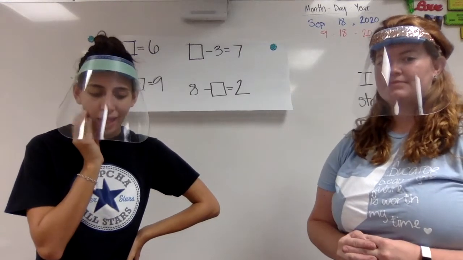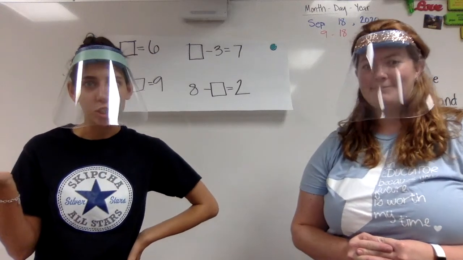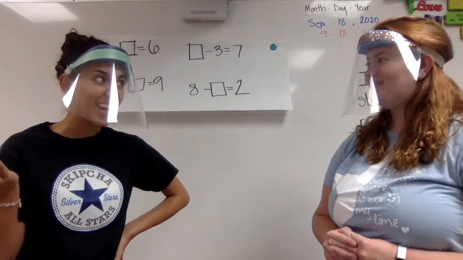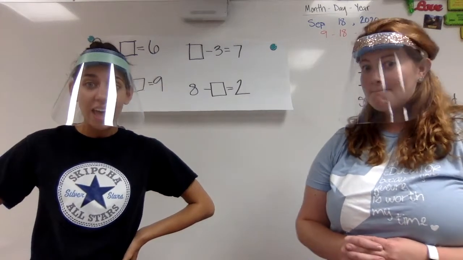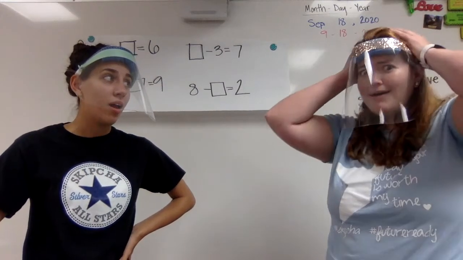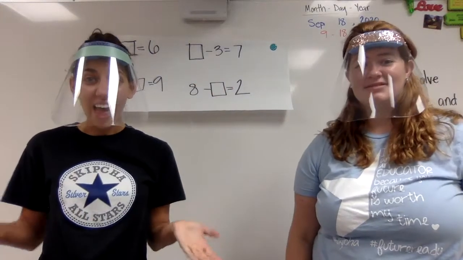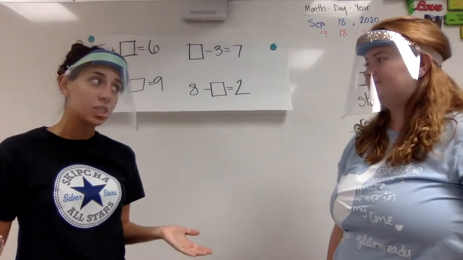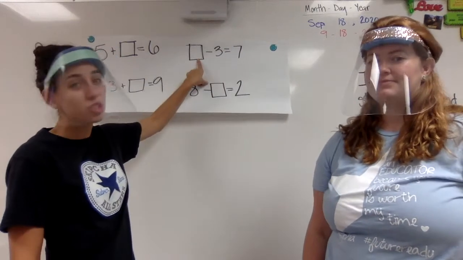So I could say Miss Lime had some Mr. Sketch markers. And then Miss Lestico used 3 and threw them away. Now Miss Lime only has 7 Mr. Sketch markers left. So my question would be, how many Mr. Sketch markers did Miss Lime start with?